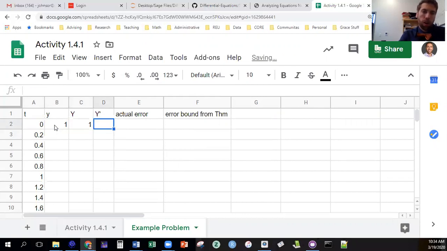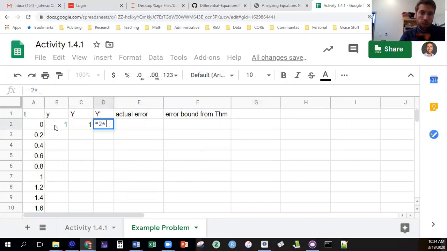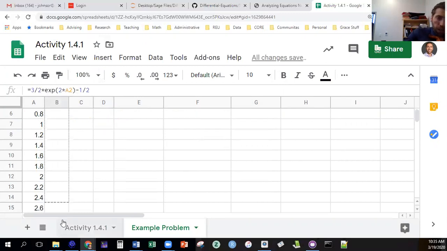And then y prime, this is my differential equation. So y prime is 2y plus 1 for my example, 2 times big Y plus 1. Okay, and then this one I can just drag all the way down.